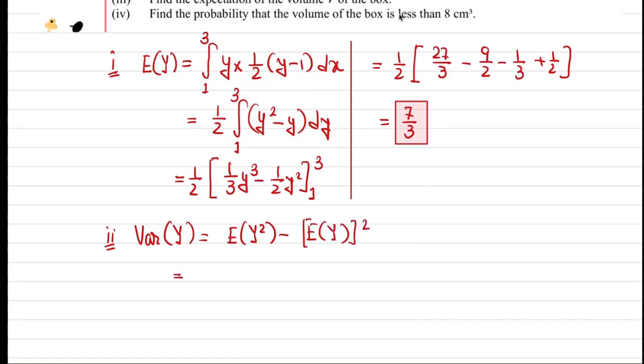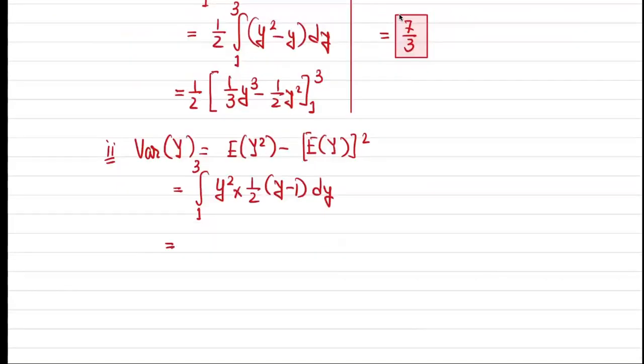So E of y squared would be the integral of y squared times f(y). Now, if we rearrange this, y cubed minus y squared dy.